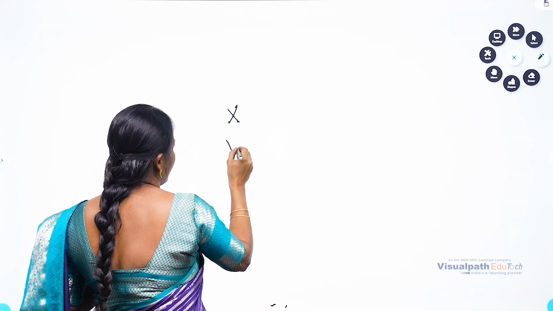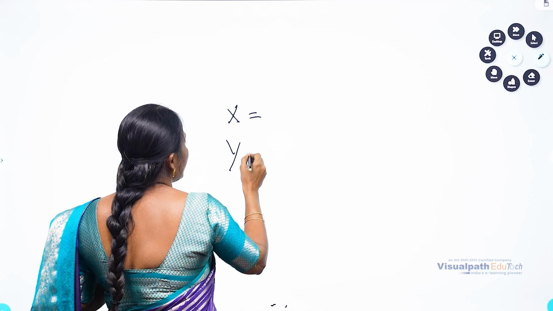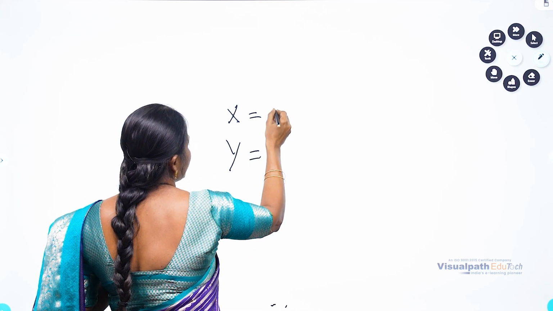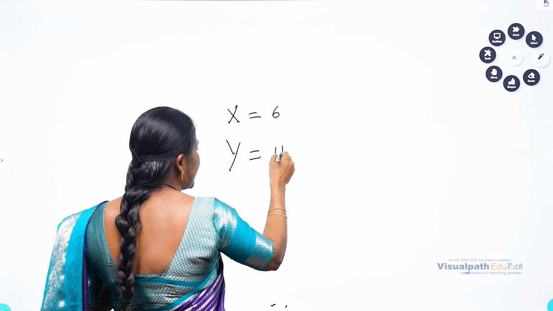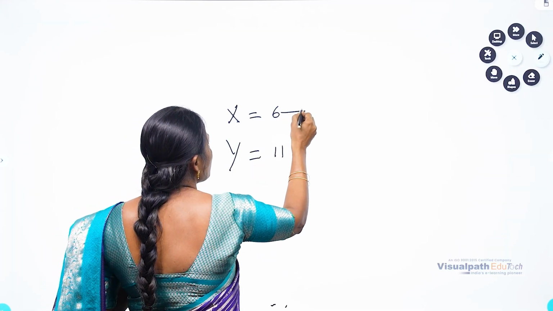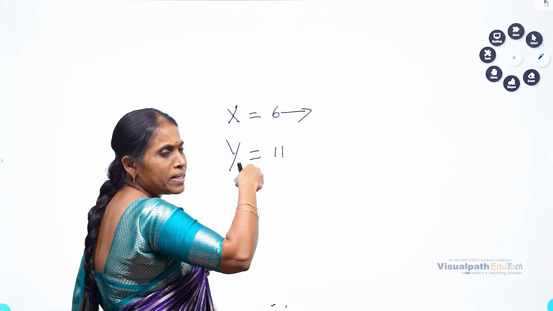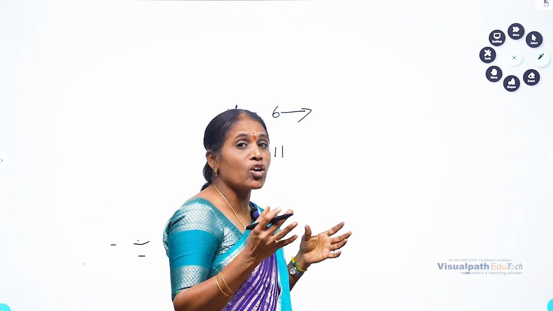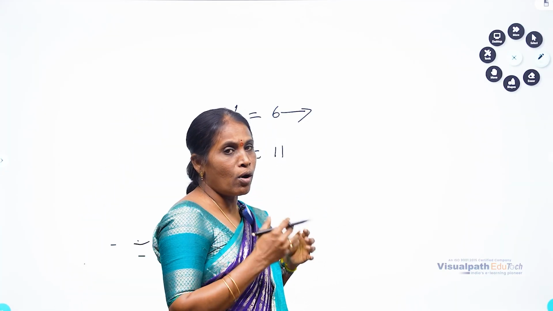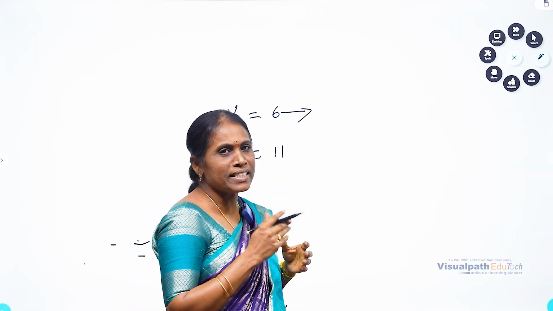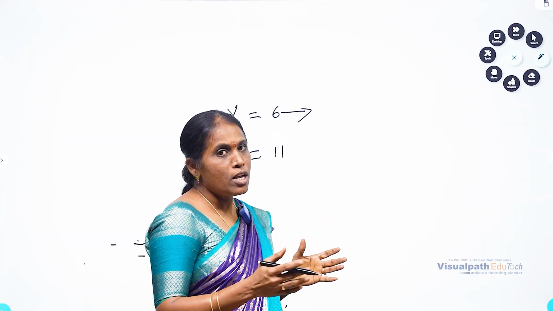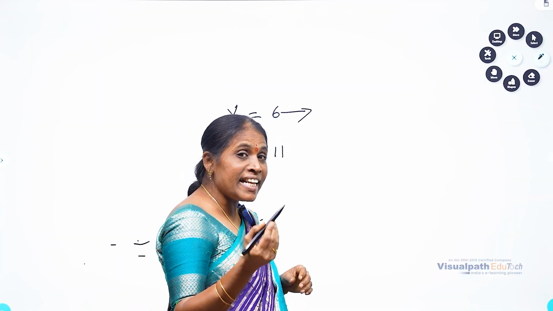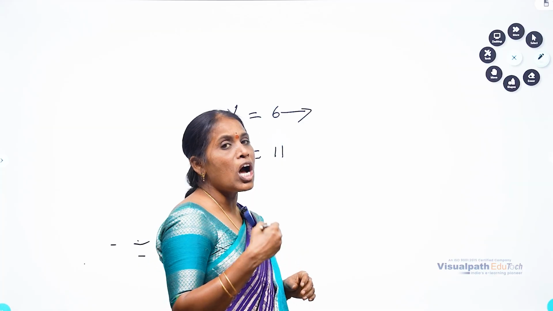For example, we take two atoms, one is X and another one is Y. Here, one has electronic configuration 6 and the other has 10 or 11 or anything. What happens here? It is small in size. Small in size means the electrons in that atom are tightly bonded, and the large size means the size increases, so automatically we observe loose bonding. So the distance increases from the central nucleus to the outermost shell.